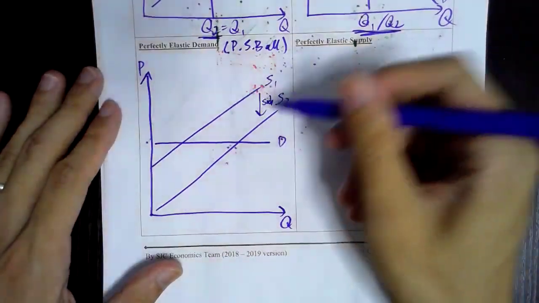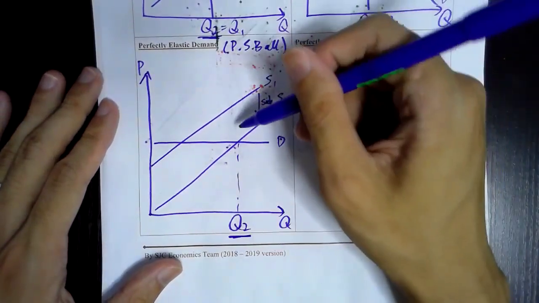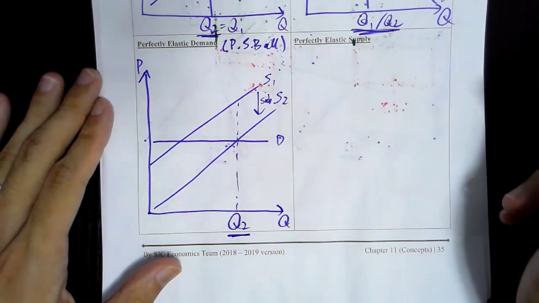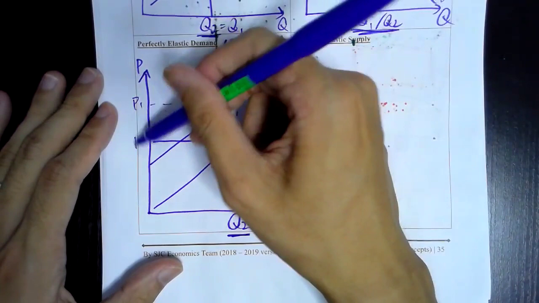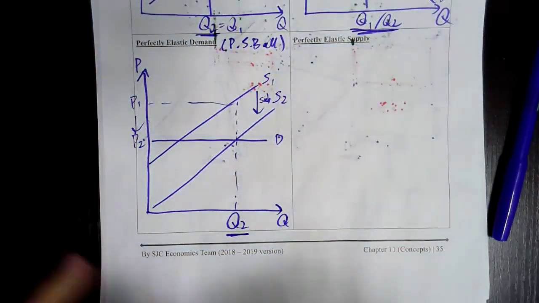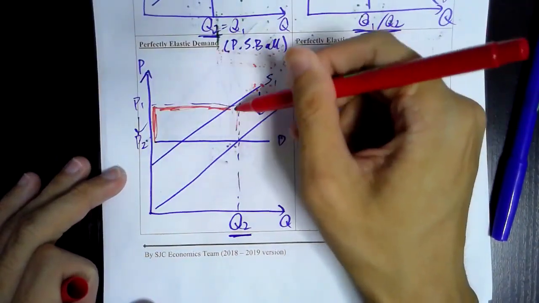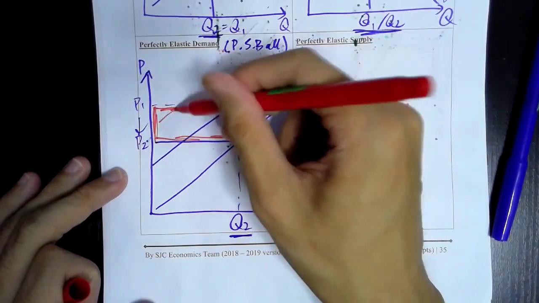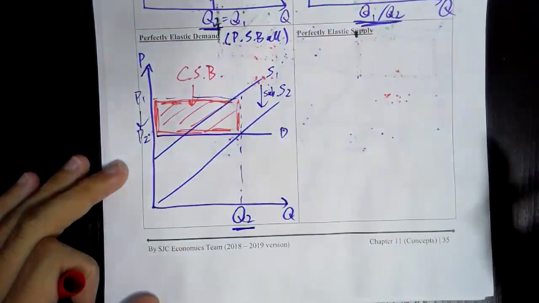So remember, the important thing is Q2 first. Here, then we go up all the way here. Let's check. This is P1, this is P2. In fact, there is a drop in price. When there is a drop in price, we see that this red box will be our consumer subsidy benefit.